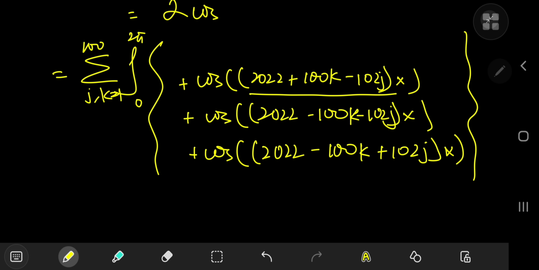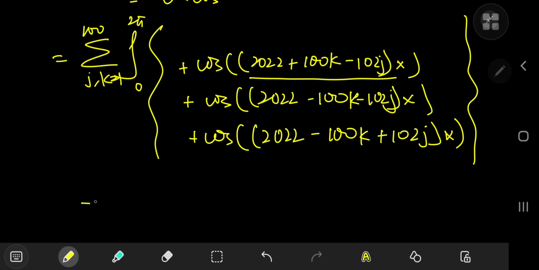That means you have the cosine of 0, which is 1. And you can test those combinations out as well, and you will get one combination of j and k each for these 3 cosine terms.